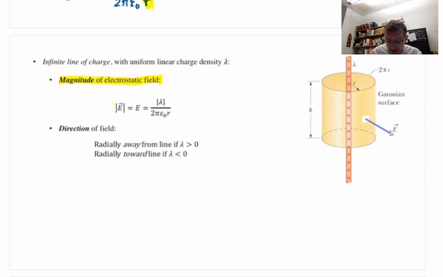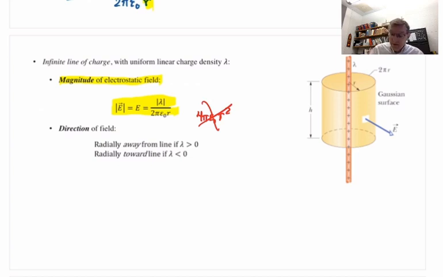E magnitude is the absolute value of lambda, that way we can even account for the case if lambda were negative, over 2 pi epsilon 0 r. Just watch out, that denominator is not 4 pi epsilon 0 r squared. Okay? This formula will get you the correct magnitude even if that line has negative lambda, negative linear charge density.